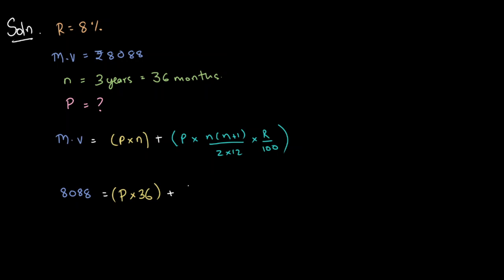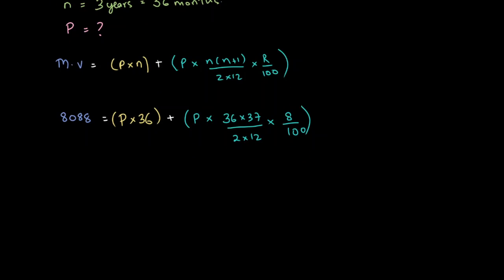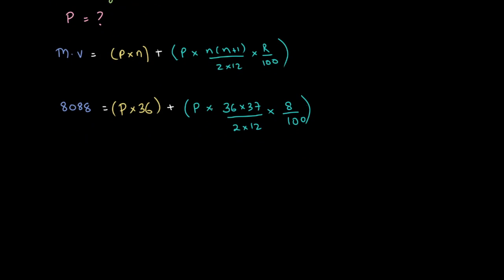For the interest, we know P is unknown, N is 36, so N plus 1 becomes 37 upon 2 into 12 into the rate of interest is 8 upon 100. Alright, now let's just simplify what we see here, and then we can proceed further.